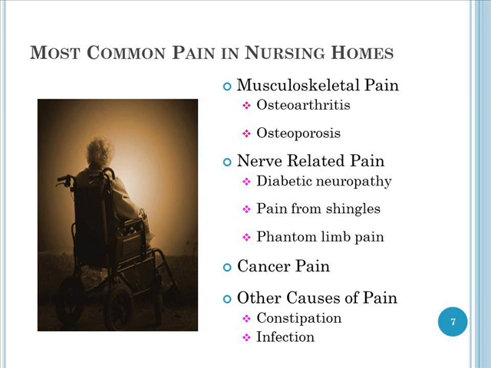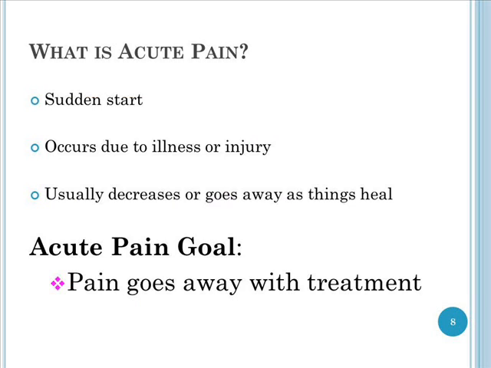Cancer is a common cause of pain in the nursing home. And then just other conditions that we can actually treat can be very painful, such as unrecognized or untreated constipation, an infection, respiratory, wound infection. So being aware and looking for these things is very important in the whole process.